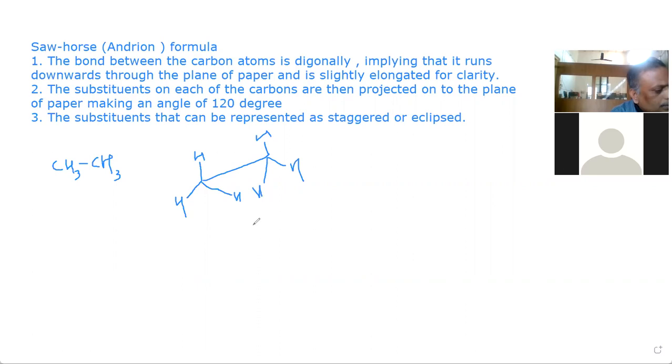H. This is eclipsed conformation. And next is the staggered conformation.